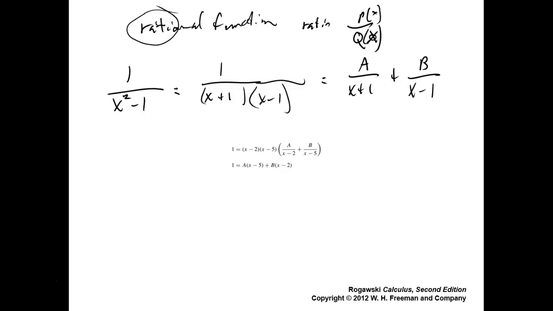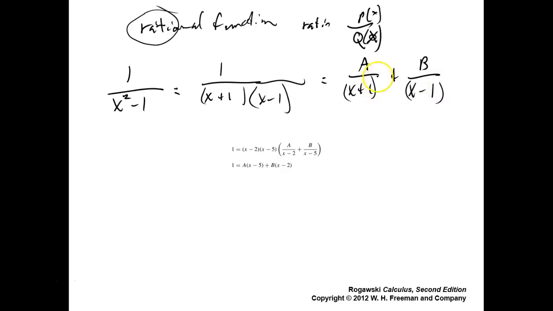Now I'll take you through the long way, and then I'll come back and show you a shortcut. The long way would be, let's change this back and try to get what we had to begin with. This is the sum of two fractional forms. You need the least common denominator, which is going to be the product of the two.